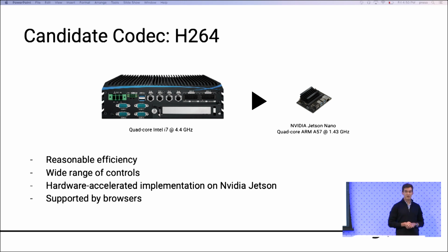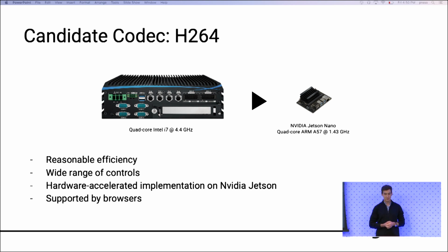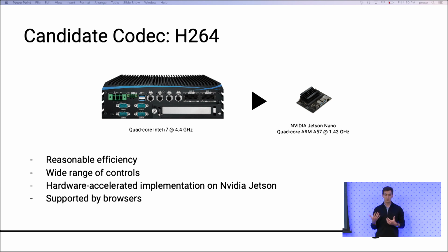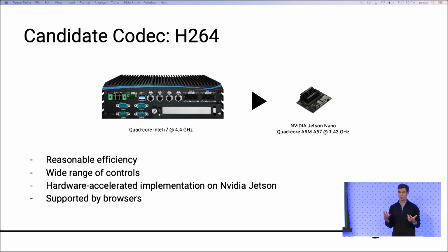We also needed to have browser support on the other end because the UI for the remote operator was built in the browser. And one interesting thing about that configuration is that you cannot run a proper software encoder on this device if you're trying to encode high-quality video streams. So you have to use hardware acceleration. And H.264 tends to have a pretty mature hardware acceleration implementation on that particular device.